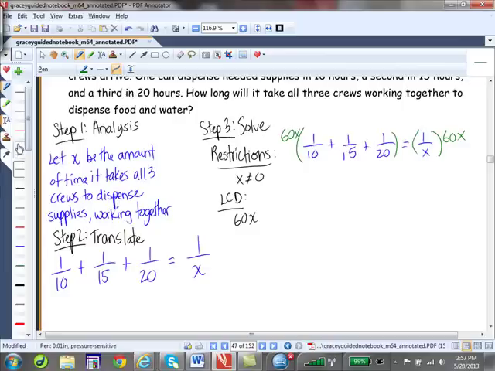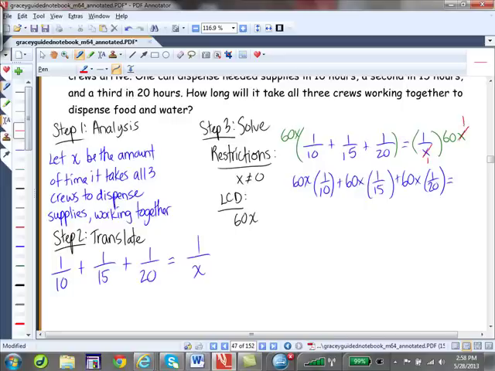So when we solve, we'll have 60x times 1/10 plus 60x times 1/15 plus 60x times 1/20 is equal to 60x times 1/x. I believe we can divide out the x's there, so that'll be equal to 60.